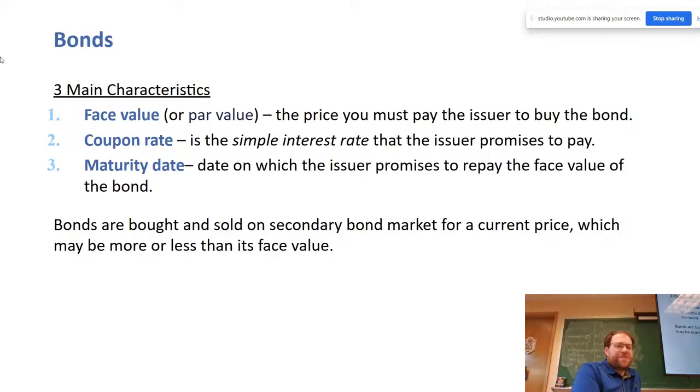Three main characteristics: the face value, which is how much you pay to get the bond; the coupon rate, which is another term for interest rate.